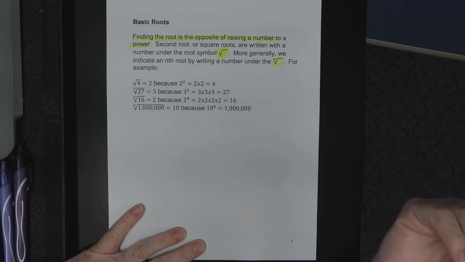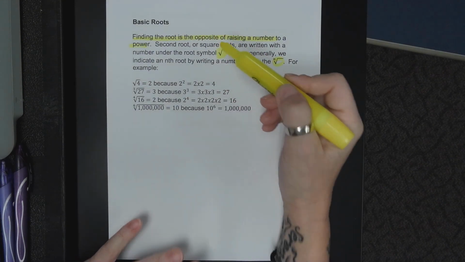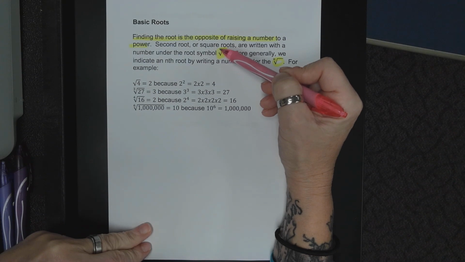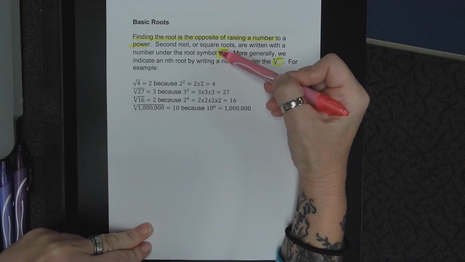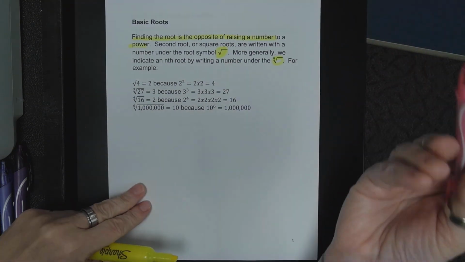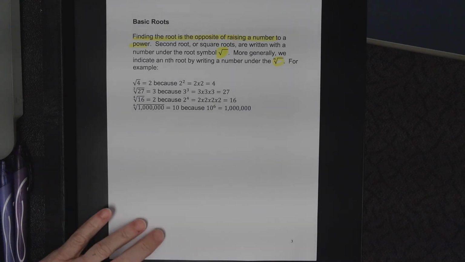Mathematicians on the regular are very lazy, so with the square root, we just leave nothing written here, it's just implied that there's a 2, okay? So if you see this symbol and there's nothing written here, know that it's a square root or a second root, okay? Because we're just lazy. I'll say that over and over again because I fit that stereotype. I mean, I'm not lazy, but I'm not going to write something I don't have to.